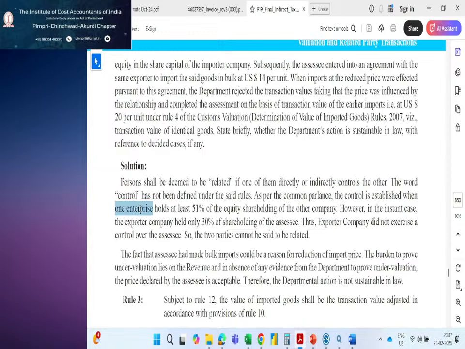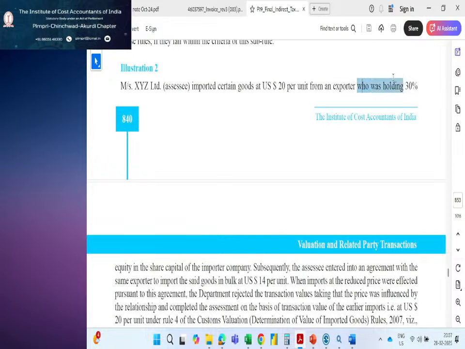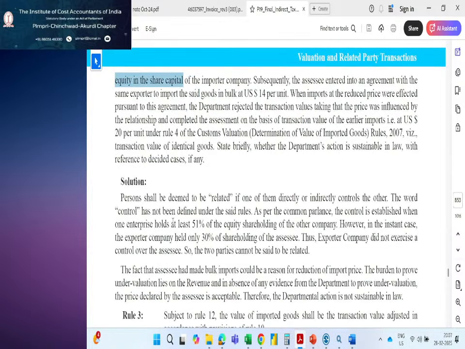It says who holds more than 51% of the equity shareholding, that we call control. In this case, the exporter company held only 30% of the shareholding. That has been given in the question itself.